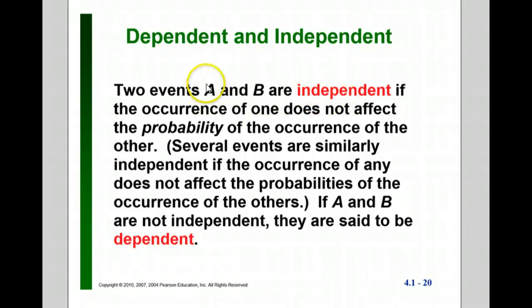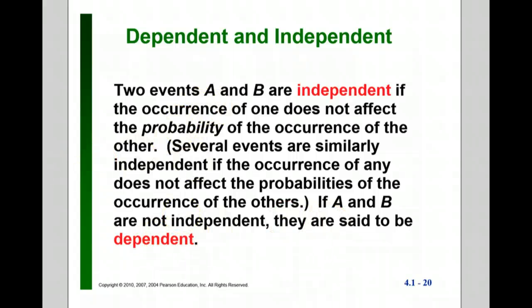But if I pull out that diamond I drew, now the probability is 12 out of 51, which is not equal to 13 out of 52. We decreased the denominator and the numerator there, and so we're changing the probability of the second event. That's what this top thing's saying. If A and B are not independent, they're said to be dependent.